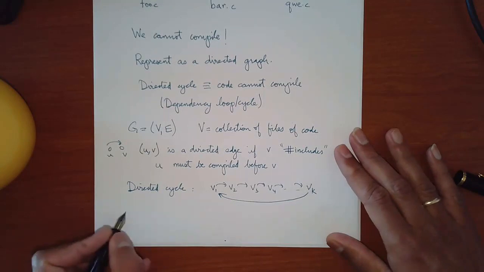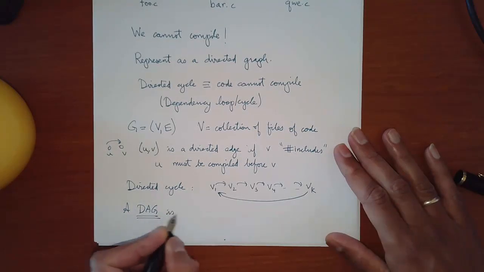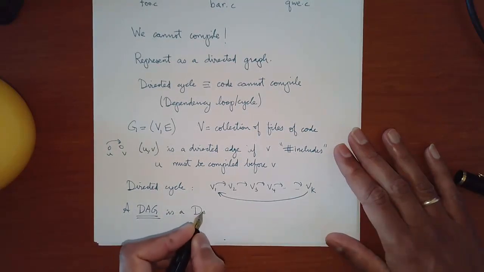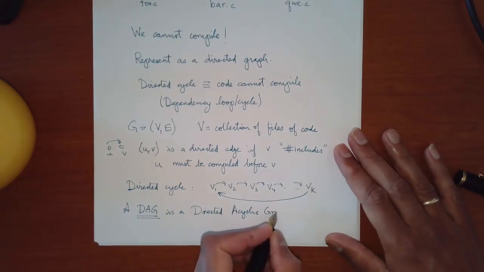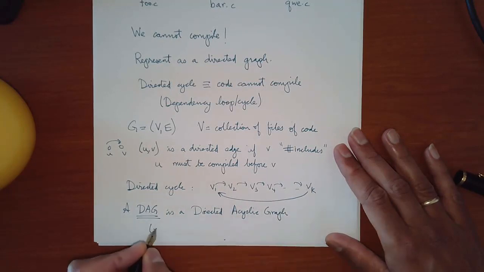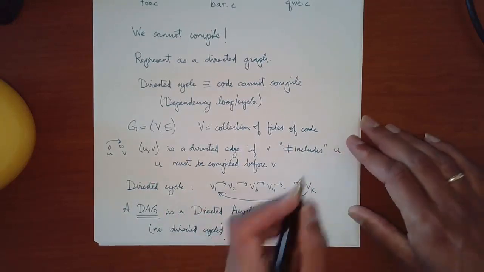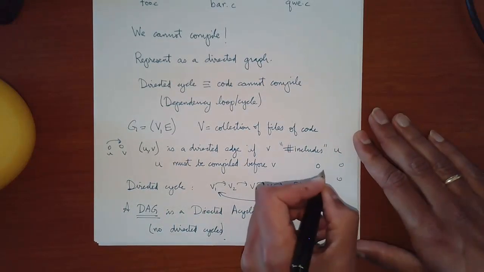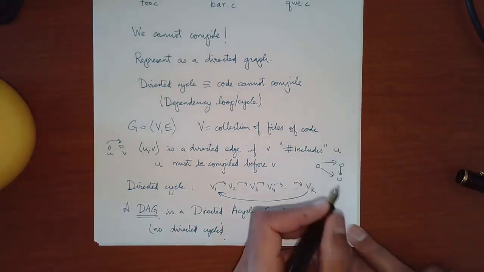A DAG, this is a very important term, is a directed acyclic graph, meaning it has no directed cycles. Now, I just want to emphasize that this is not a directed cycle.